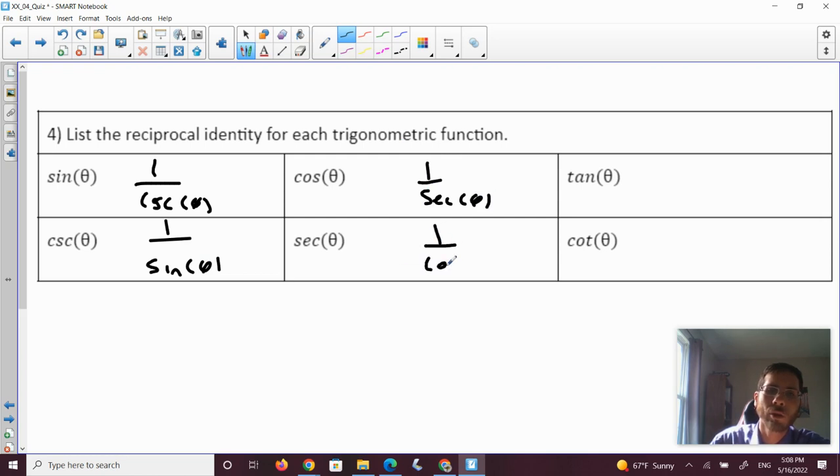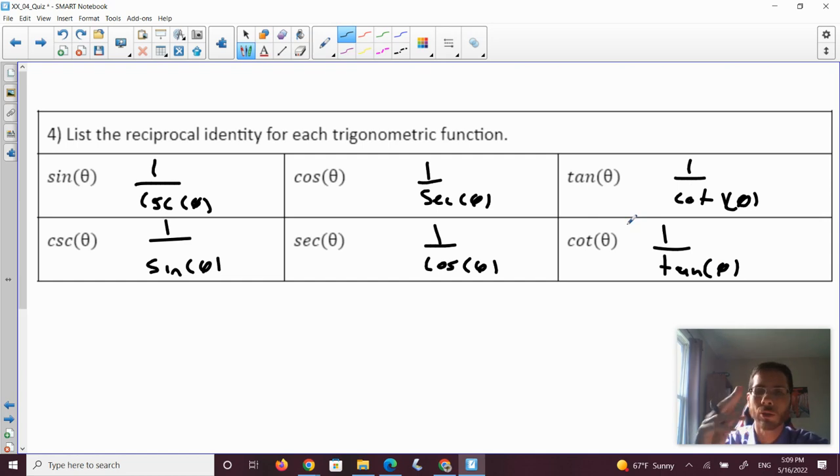Secant is 1 over cosine. Tangent is 1 over cotangent. And then cotangent is 1 over tangent. And that's all that one is. So it's just knowing those rules. It's just a definition question, just vocab on that one.